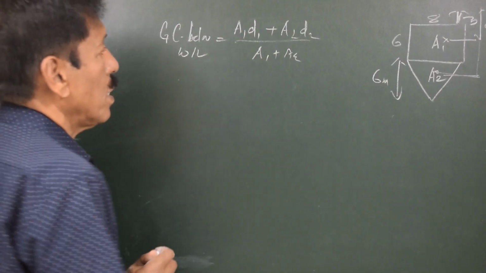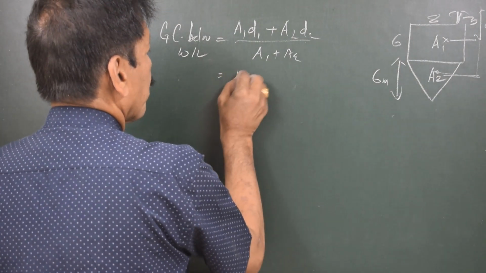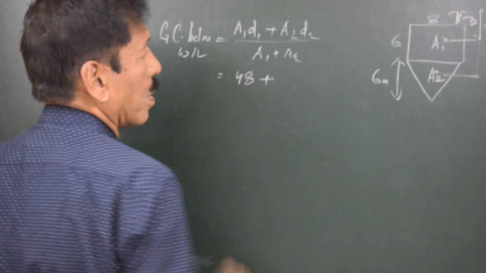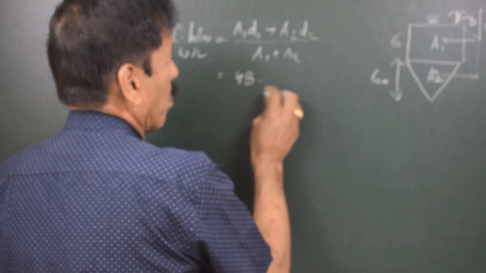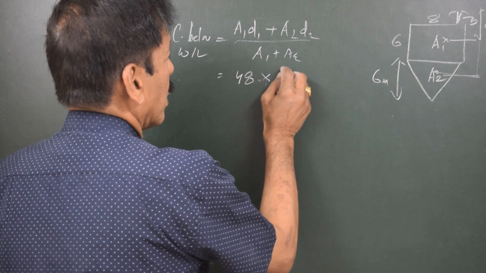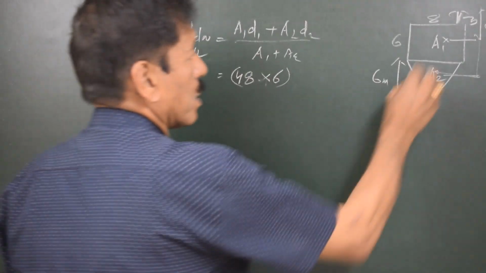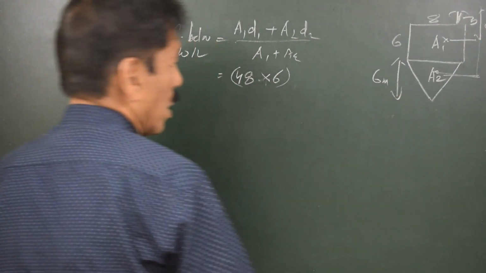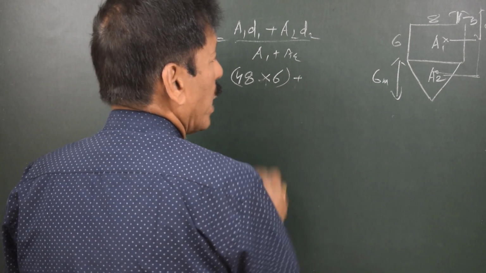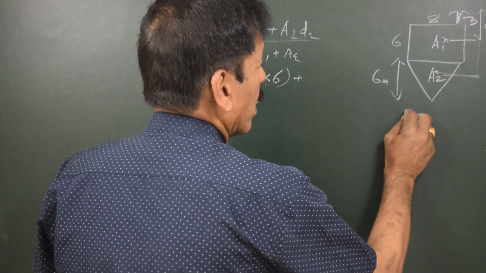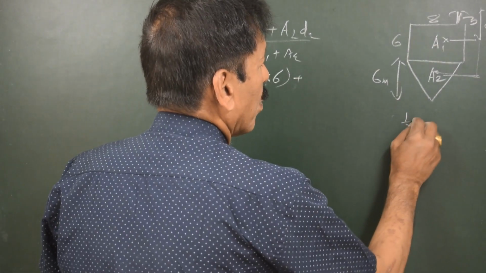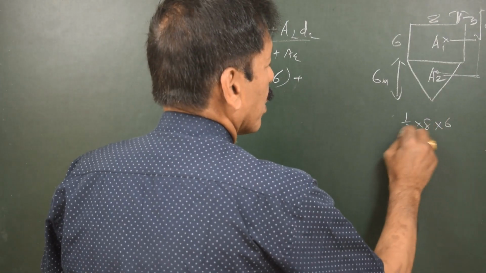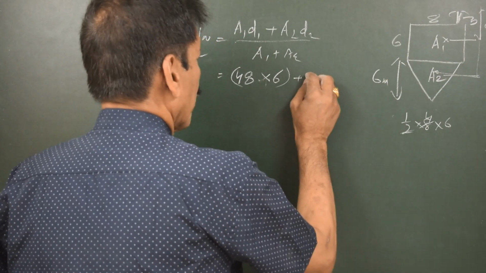So A1 is 48 multiplied by 6, that is the distance from here to the water level, plus A2. A2 is half base into height, which is 24.